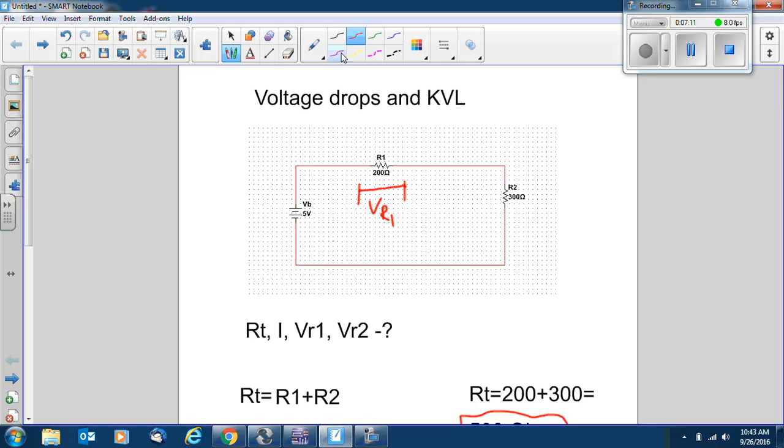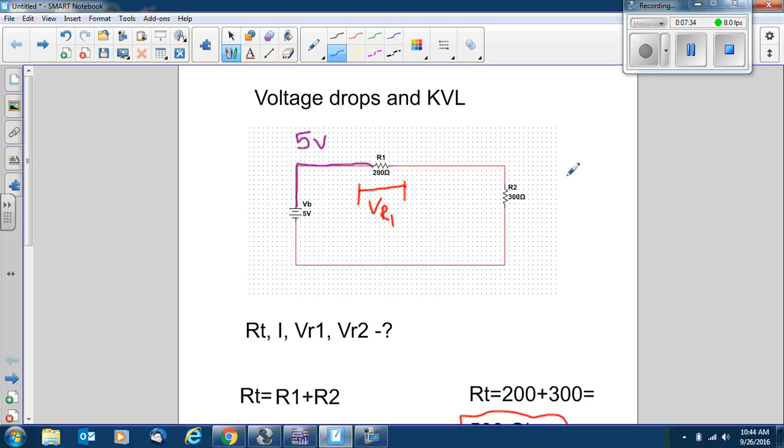So if you remember, when the charge gets out of the battery, it has exactly 5 volts. It's going to spend some in here, we don't know how much yet, and then it's going to have less over here. Well, let's try and find this out.